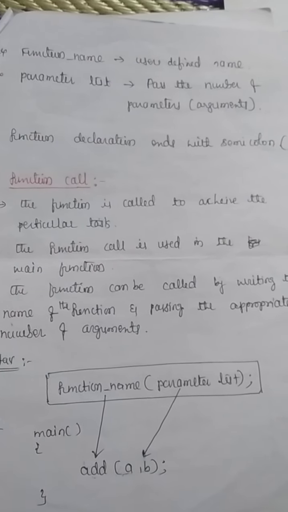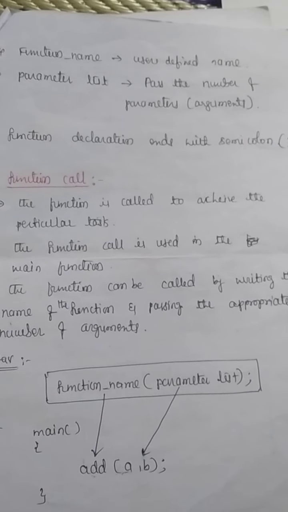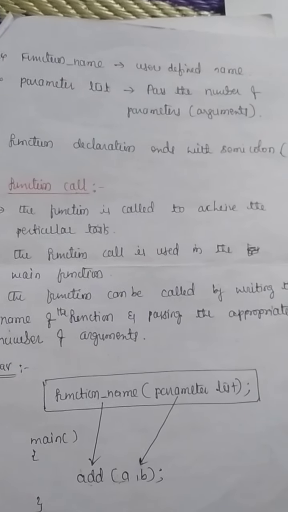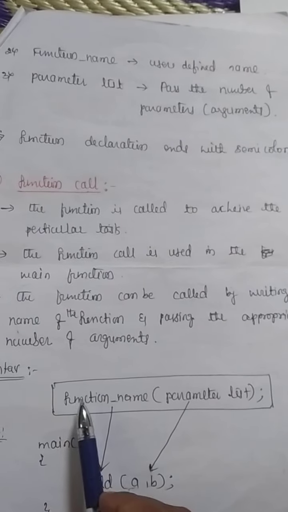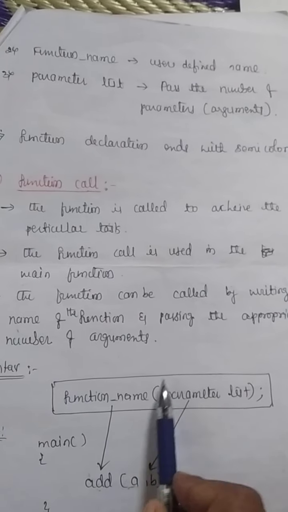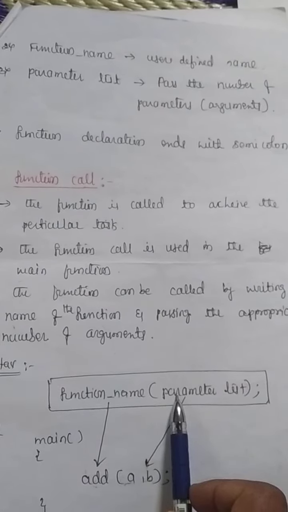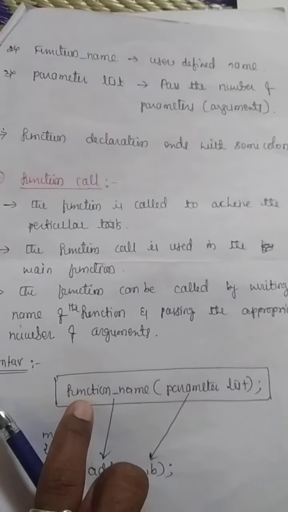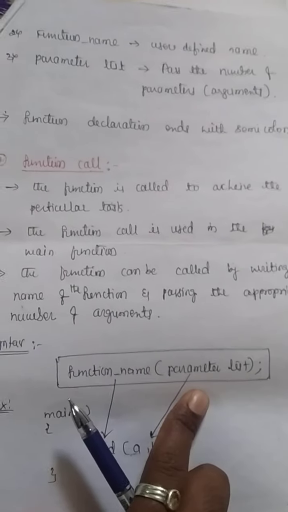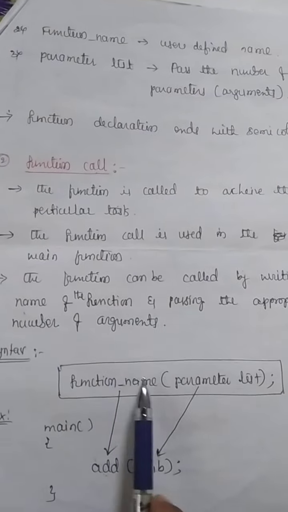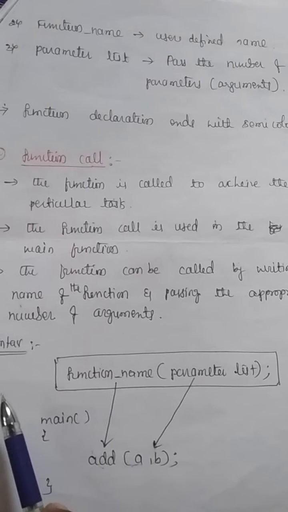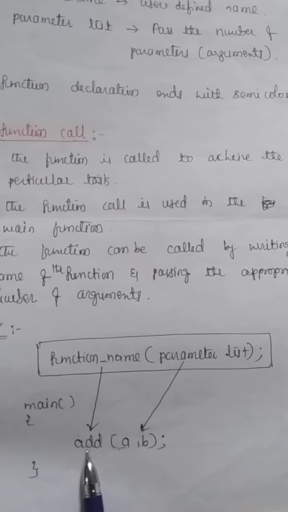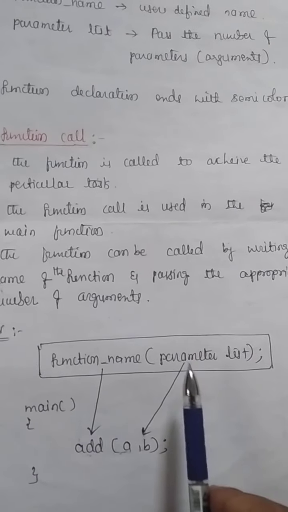The function can be called by writing the name of the function and passing the appropriate number of arguments. Here you can observe the function name, and within the brackets we have the parameter list. These parameters are known as actual parameters. The function name should be the same as in the declaration: we used add, so here also add.